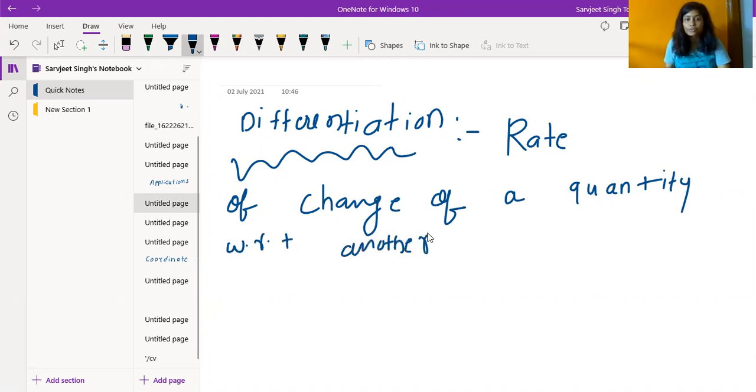This is actually differentiation. Let us take an example.